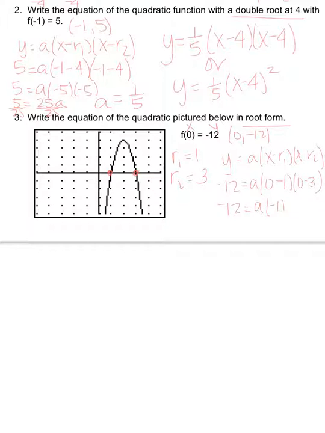That would be negative 1 and negative 3. So multiplying, you're going to get 3a. So divide, so our a would be negative 4. So plugging into your root form, y equals negative 4 times (x minus 1) times (x minus 3).